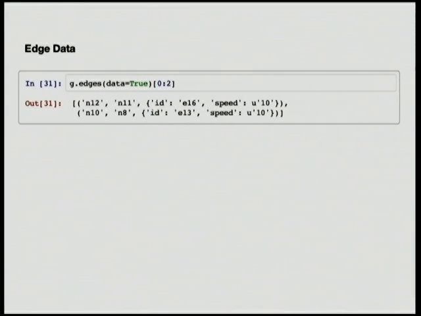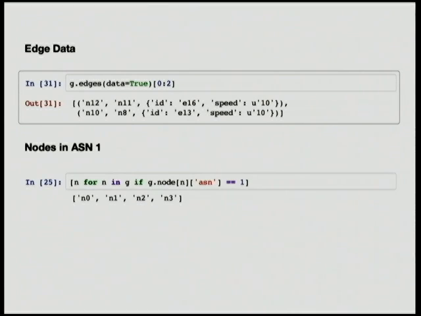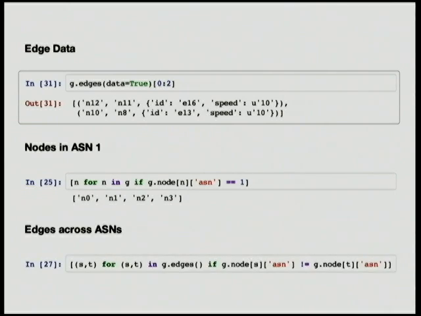So the graph operations themselves aren't particularly groundbreaking, but being able to draw the network and then do these operations in a network context becomes quite powerful. And then we can start using other Python things, like list comprehensions, which really work quite well when we're talking about lists of nodes and edges. So here we could just grab the nodes that we've tagged in the graph with ASN attributes set to 1, or do things like the edges between two ASNs, so that might be the link between Telstra and AARNet that we might want to treat differently.